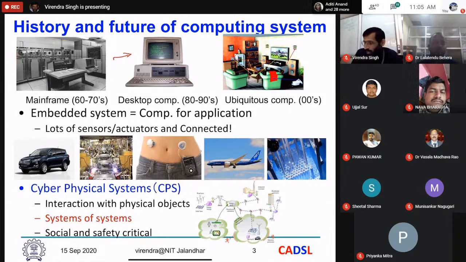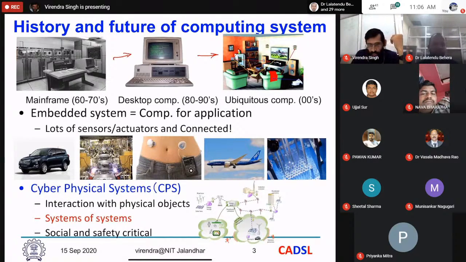Then by the end of the last century and early this century, we came to ubiquitous computing, wherein you have multiple devices, all connected to each other. Embedded systems started to grow in their applications with a lot of connected sensors and actuators, ranging from automobiles to healthcare to airplanes.